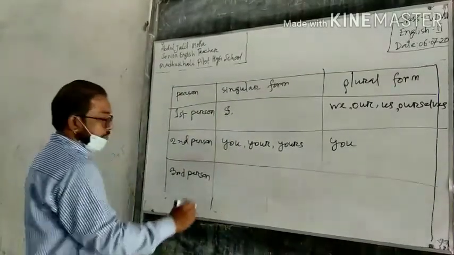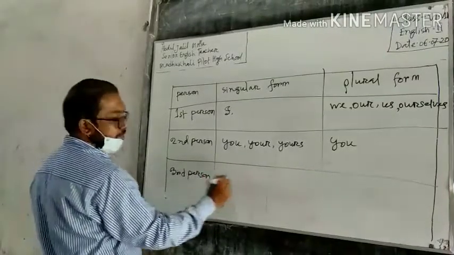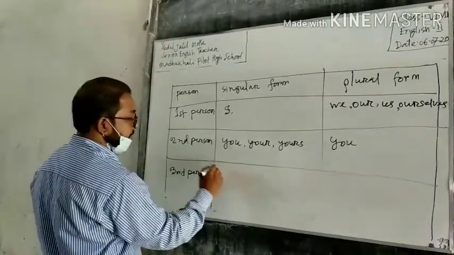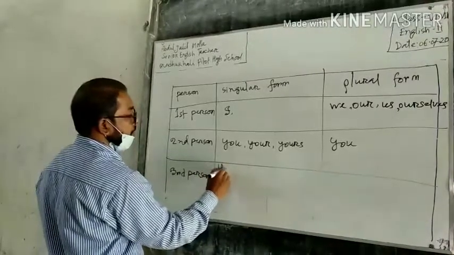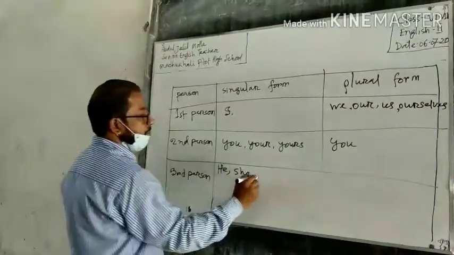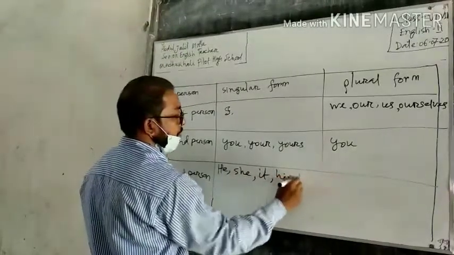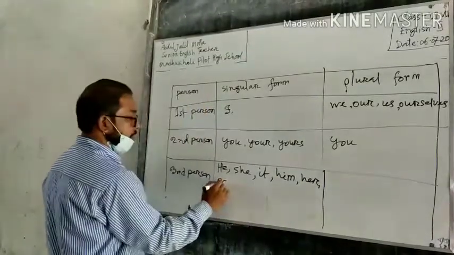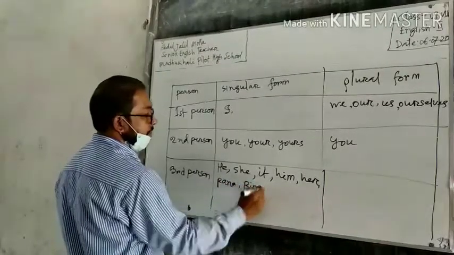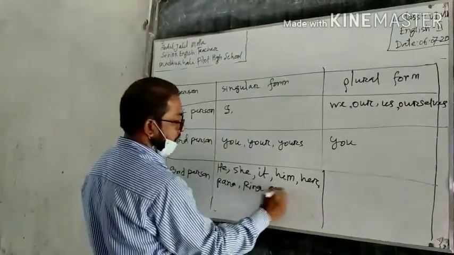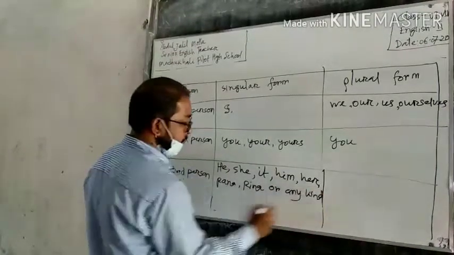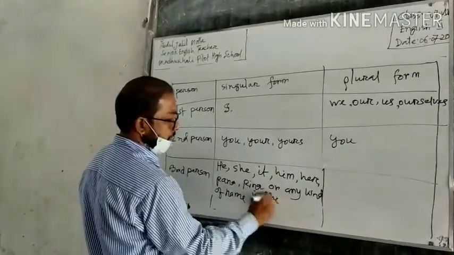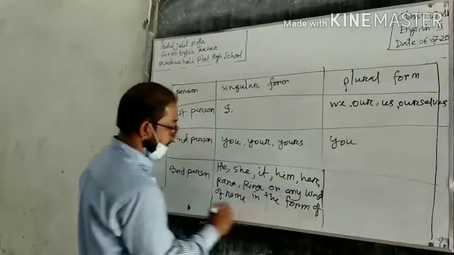In the third person, such kinds of singular forms are in the third person: he, she, it, him, her, Rana, Rina, or any kind of name in the form of singular.